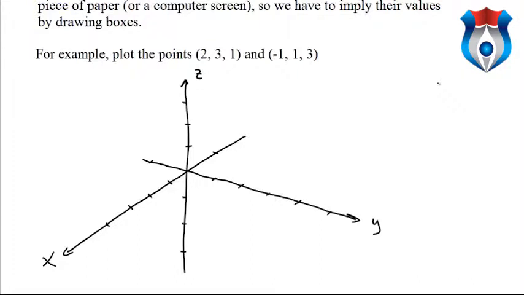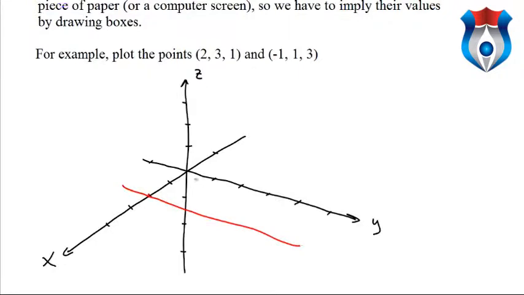Anyway, we want to plot the point (2, 3, 1). That is 2 on the x-axis, so we want our x value to be somewhere along that line.